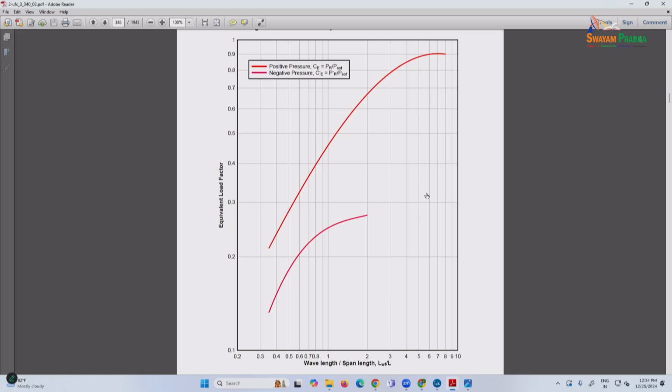So this is L, yeah, wavelength is LW, span length is L. So wavelength is 23.7, span length is 11. So what was the mistake, you think? Wait, wavelength is how much? Yeah, divided by span length is 11. So it's 5.